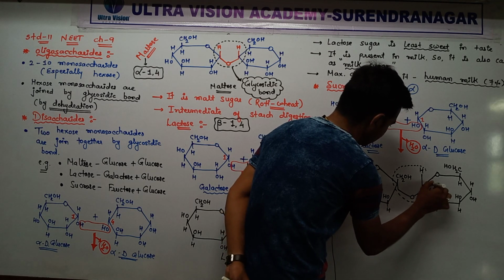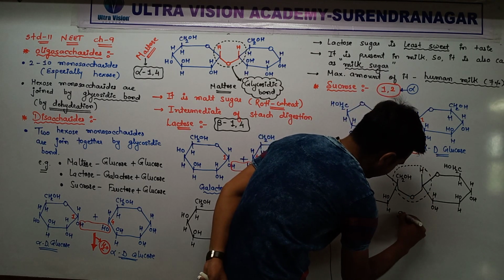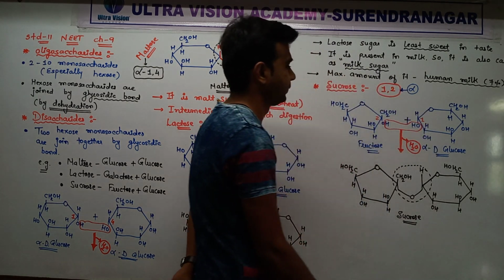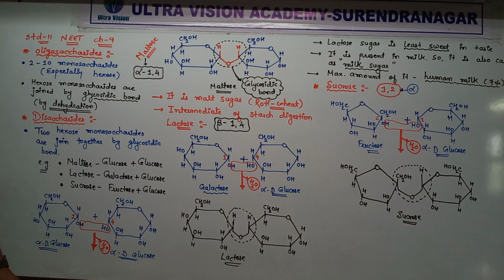Glycosidic bond and this is known as sucrose bond. So in this way the fructose sugar and the glucose can be arranged together.